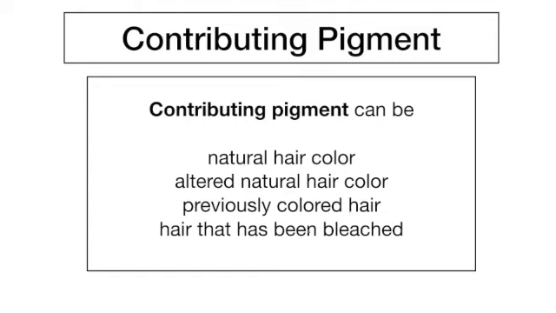And when I say hair that has been bleached, it means the hair can be any color whatsoever, from reddish brown all the way to pale yellow, which is the final stage when there's no more color left in the hair.